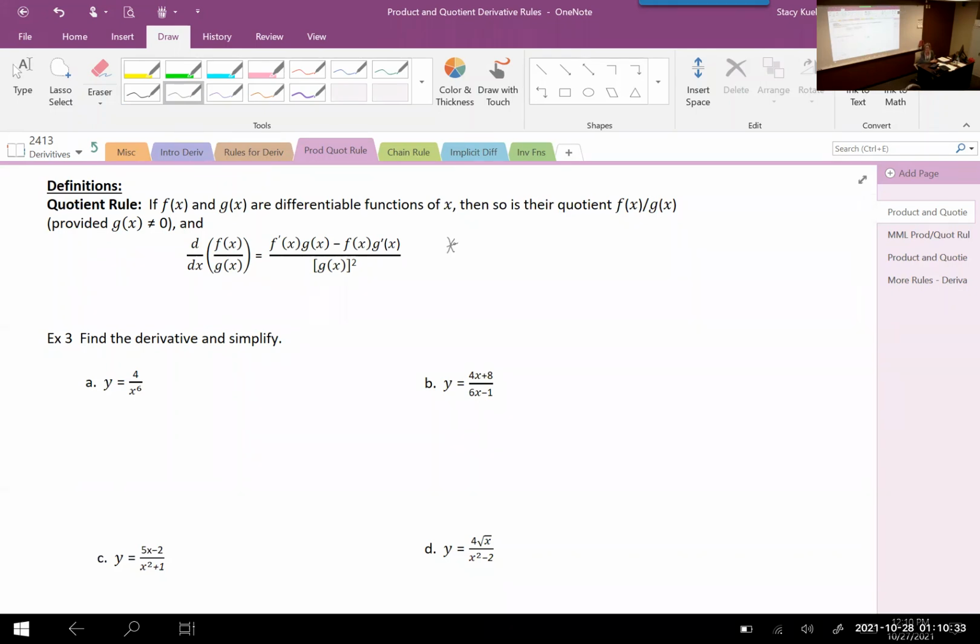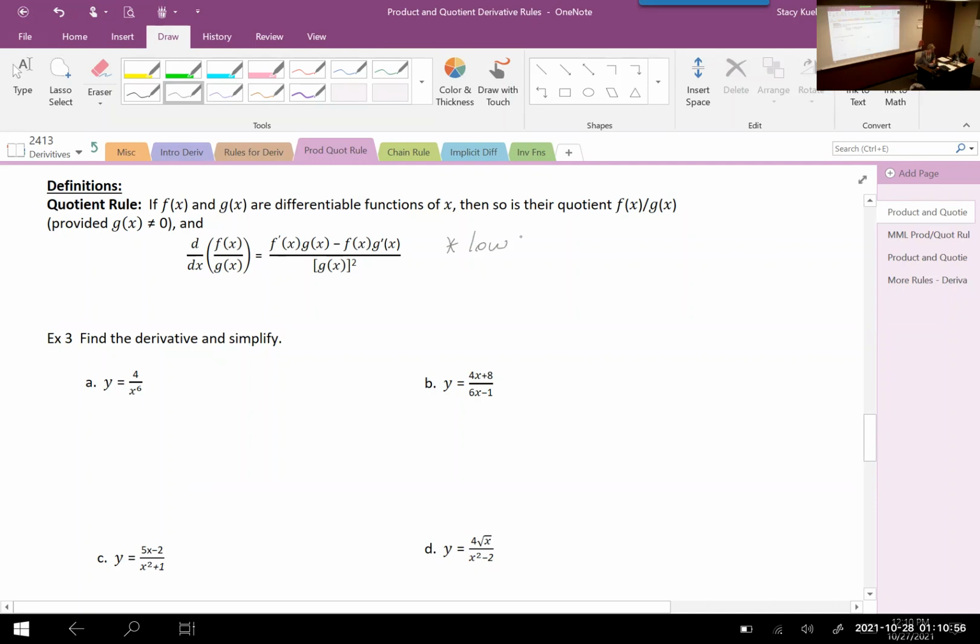In other words, it's helpful to break out the functions and their derivatives of both f and g. If we let f be the numerator and g be the denominator, it's helpful to identify the numerator as well as its derivative, along with the denominator and its derivative.